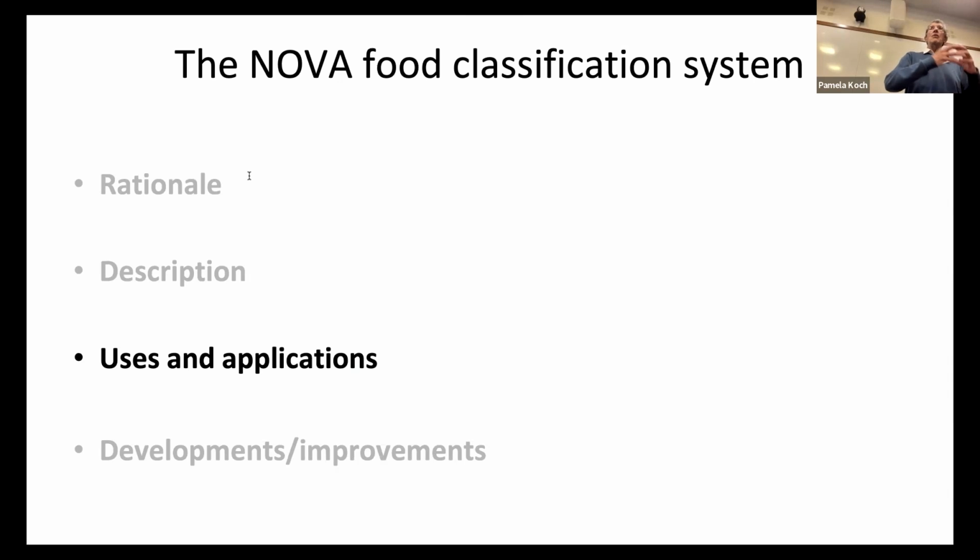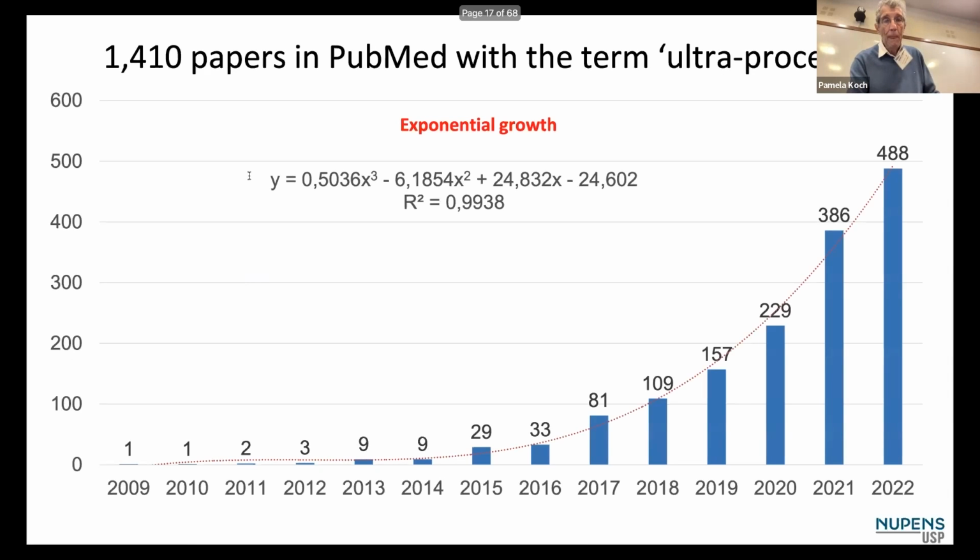But now let's see how NOVA has been used, particularly to study the relationship between diet and health. First of all, the concept of ultra-processed food was proposed in 2009. Until 2009, there was one paper using the term ultra-processed food before zero, right?